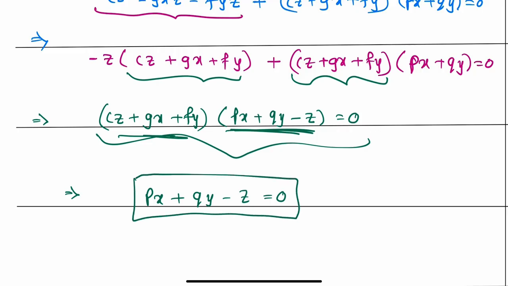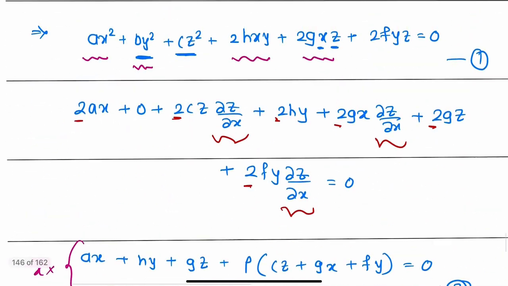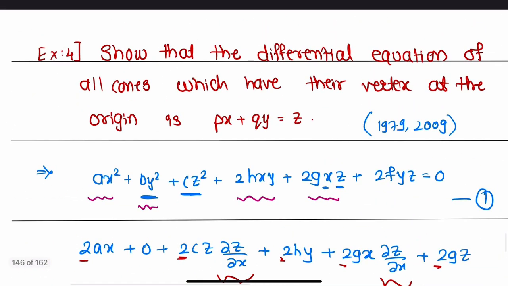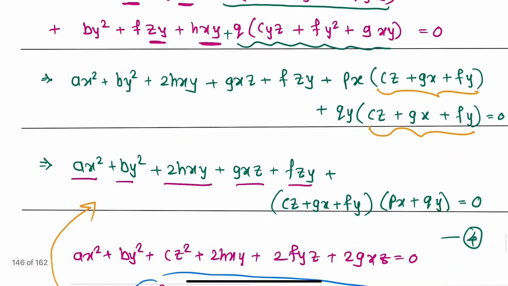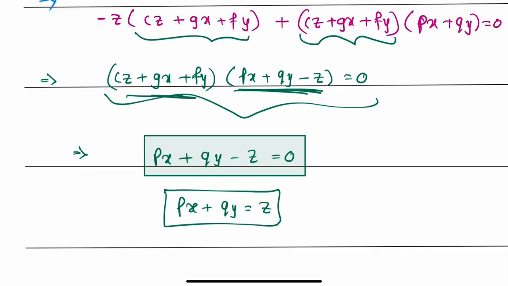This is the required partial differential equation, and this is what we were asked to prove. The question was to prove px plus qy equals z, and we have got px plus qy minus z equals 0, which can be written as px plus qy equals z, taking z on the RHS. Okay, thank you.